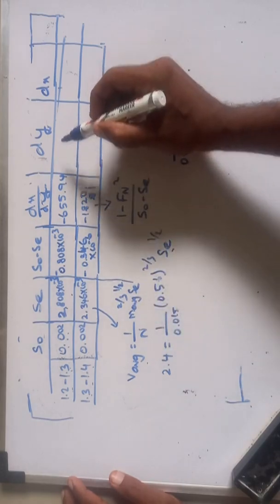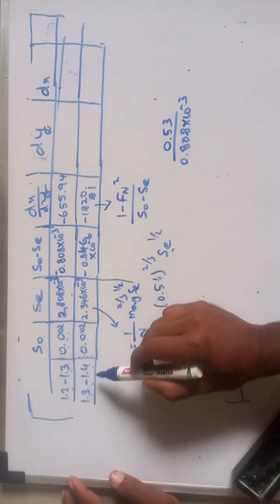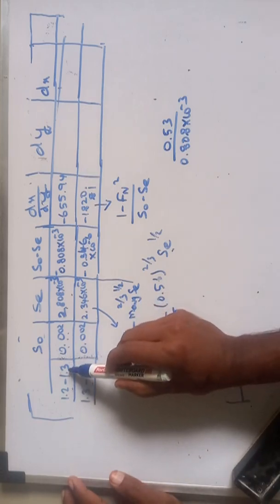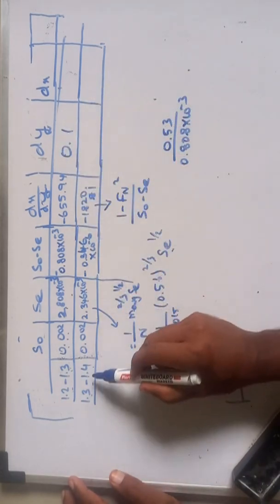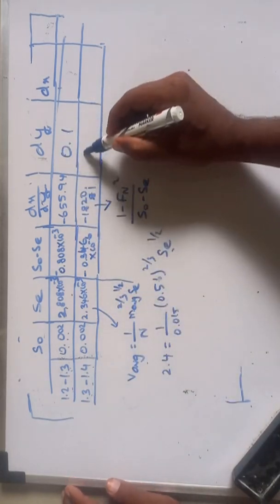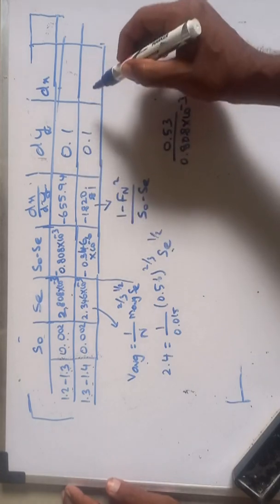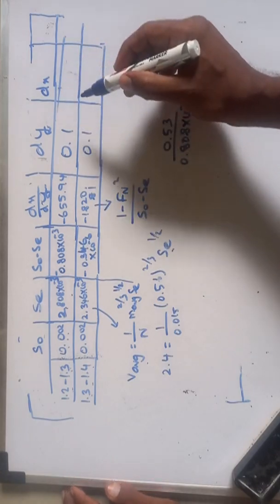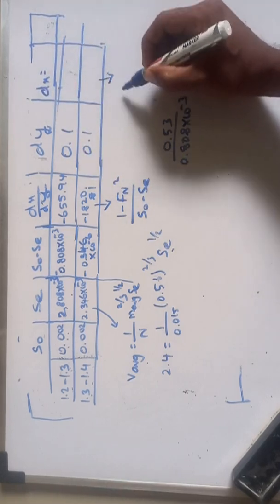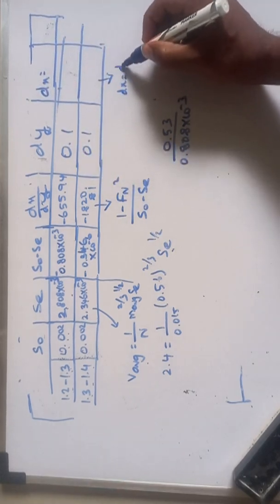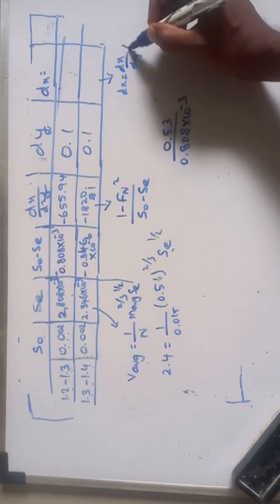dy is nothing but the difference between these two depths. The difference is 1.3 minus 1.2, that is 0.1. Like that, 1.4 minus 1.3 will also be 0.1. If I know everything, then I can calculate dx. dx is nothing but dx by dy into dy.